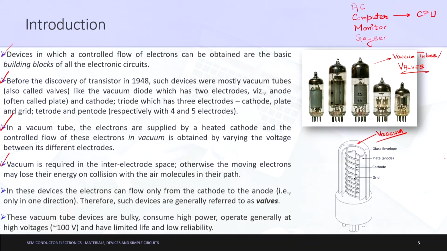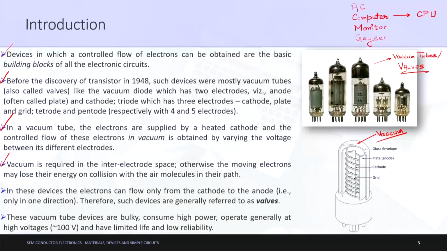The next line is: in these devices the electrons can flow only from the cathode to the anode. This is one of the drawbacks of using a vacuum tube, that the direction of flow of current is always in one direction. We will understand in subsequent slides, in the complete chapter, that in subsequent inventions or discoveries the current can even be reversed. How it is reversed and what its applications are will be understood in subsequent classes.